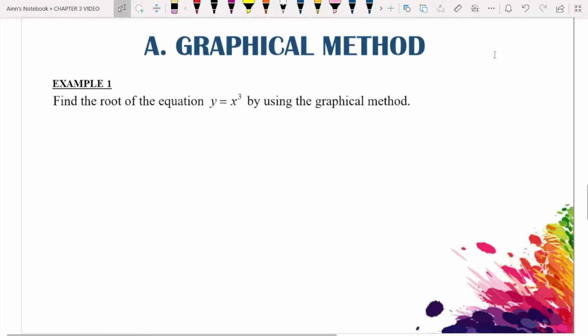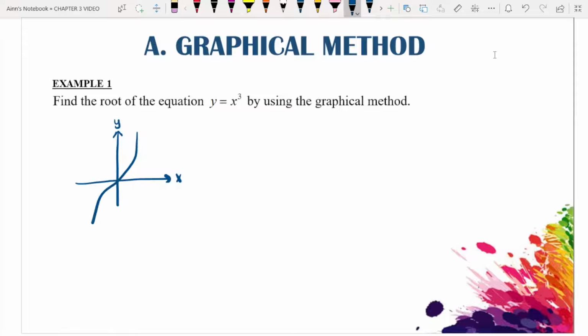Let's take a look at the first example. The question asks to find the root of the equation y equals x cubed by using the graphical method. As we know earlier, we have to sketch the graph. So we have the graph y equals x cubed. This is the basic shape of a cubic graph.